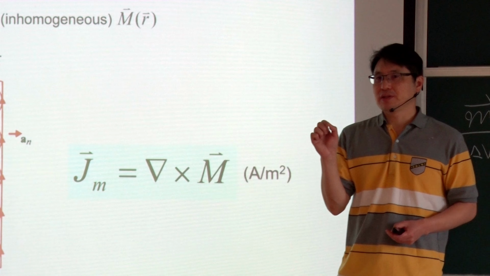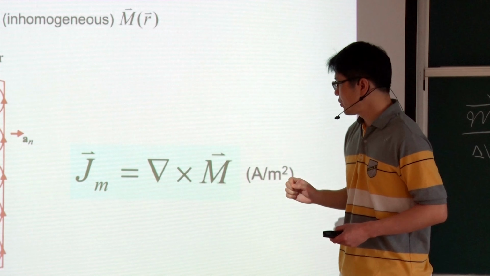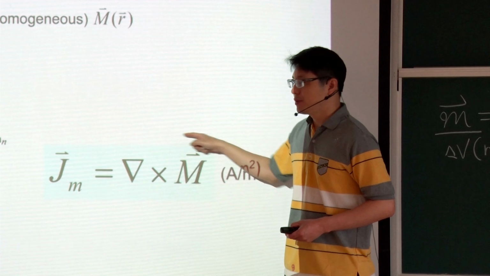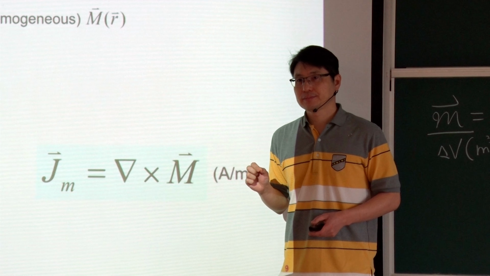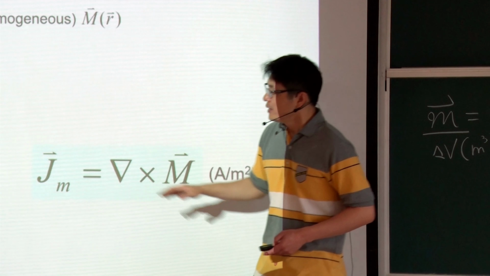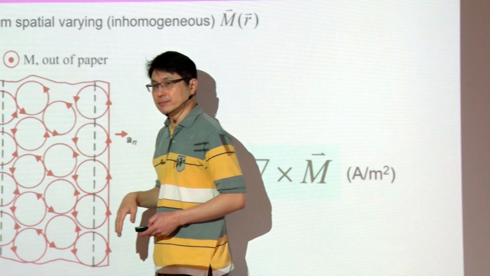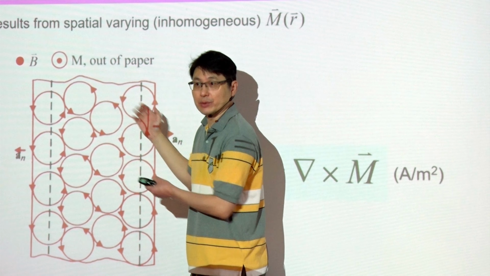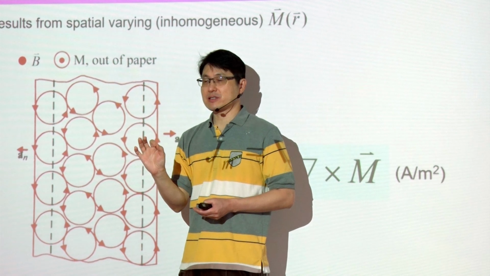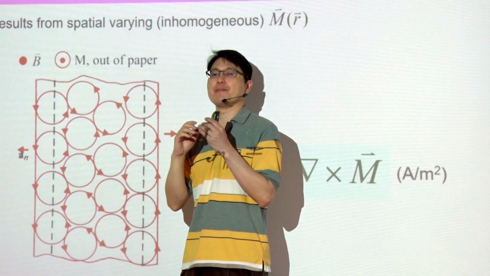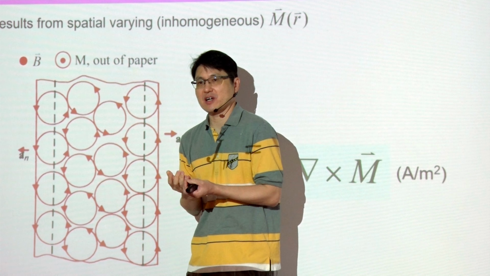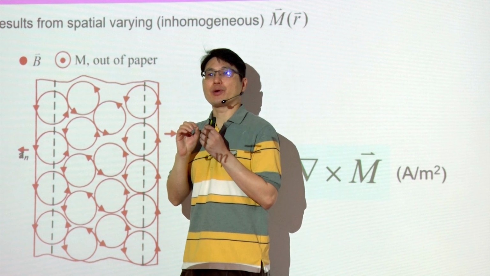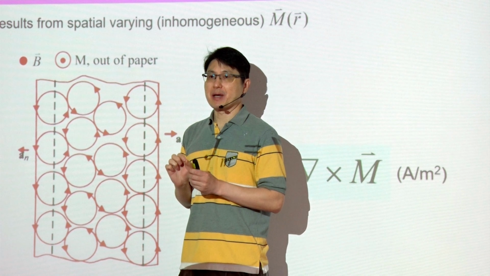So the first question you have to ask is, when can this value be non-zero? In the current case, we have a very uniform magnetic material. Uniform means homogeneous, let me use a more correct term. A more precise term would be, what I'm trying to draw out now is a very homogeneous magnetic material.